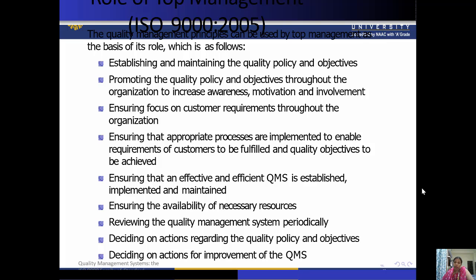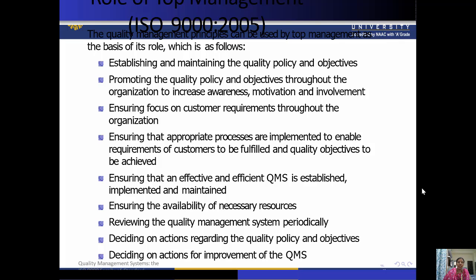Okay, now next is ensuring focus on customer requirements throughout the organization. That is, they need to also ensure that their organization is working on the fulfillment of customers' requirements or not. Okay, this is ensuring focus.